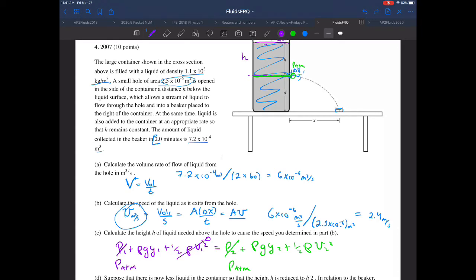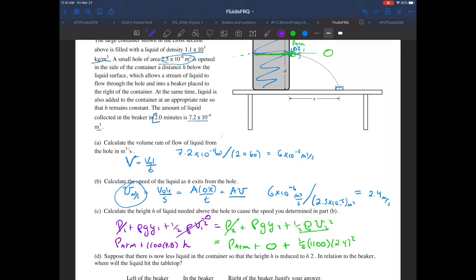The water molecules here, they're barely moving. But here, they're moving: 1/2 density times our speed that we found squared. And then we might as well just call this spot 0 and the upper spot h. So this can be rho g h plus 0.